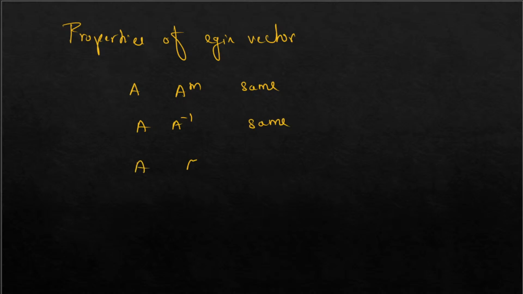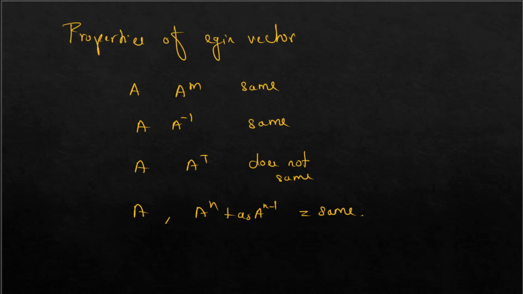If it is A transpose, it will not be the same. But if it is A to the power n plus A to the power n minus 1 and so on, this will be the same.